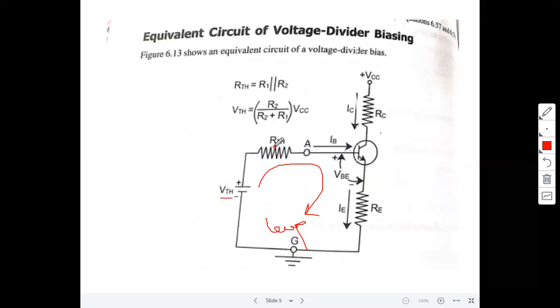VThevenin, RThevenin, and the current flowing through RThevenin is the IB current. And there is a junction voltage VBE. Remember, whenever we apply KVL to the input loop, we always consider the base to emitter junction to be forward biased, and the emitter current into RE. This is the loop.